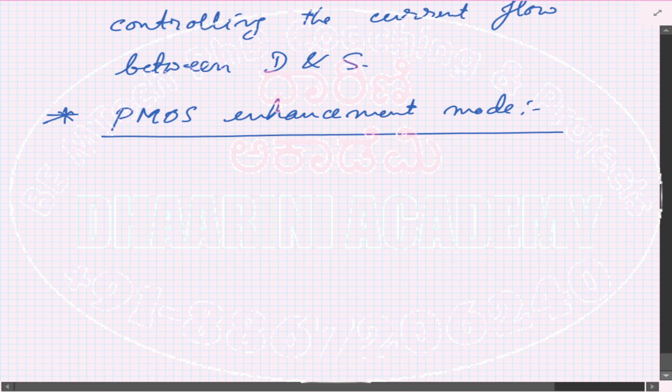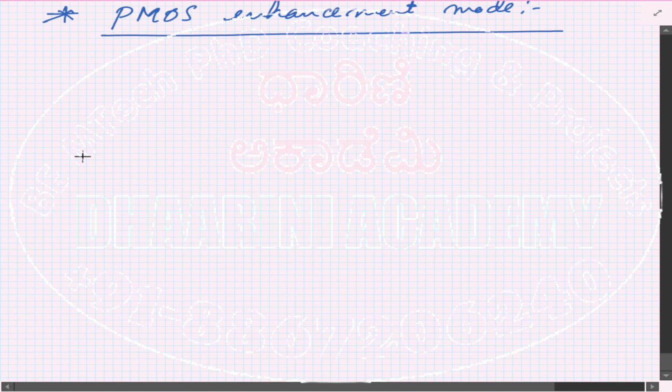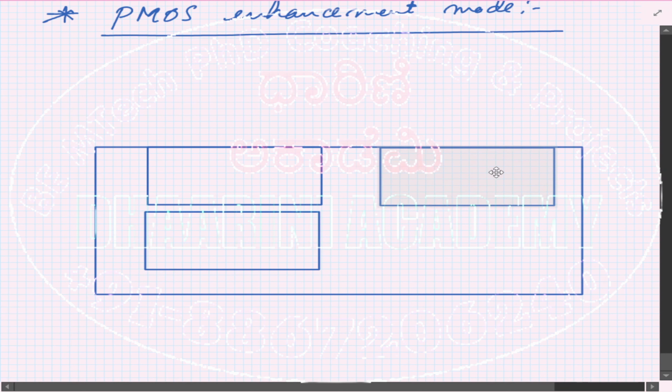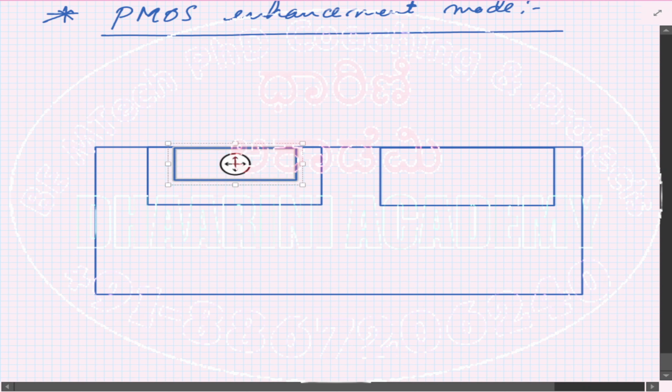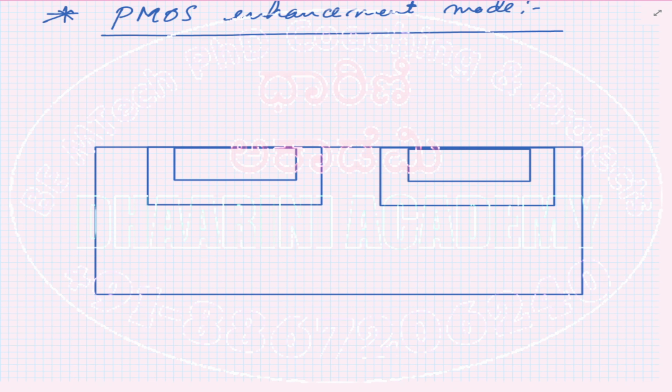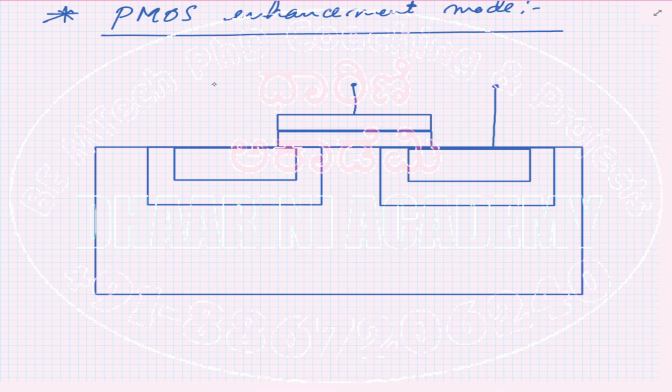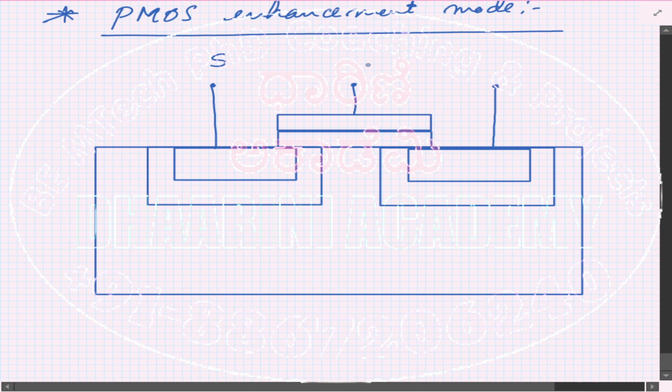So in the PMOS enhancement mode, we have this, then we also have two regions of this, and we have this. Okay, so this is source, gate, and the drain regions.